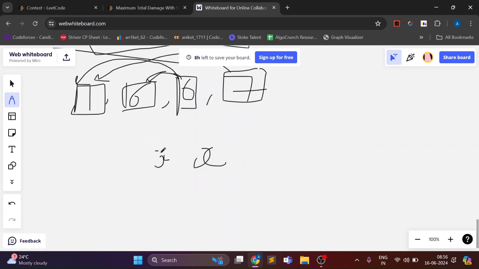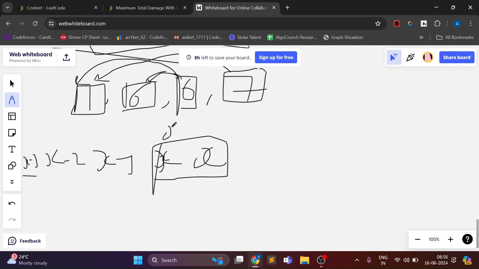Let's say this is x, and this is x minus 1, this is x minus 2, and this is x minus 3. So I have to take the max of all the underlined elements. Forming this type of structure would be difficult, but instead of that, I can just consider these last elements, and I can group these elements as x into frequency of x.